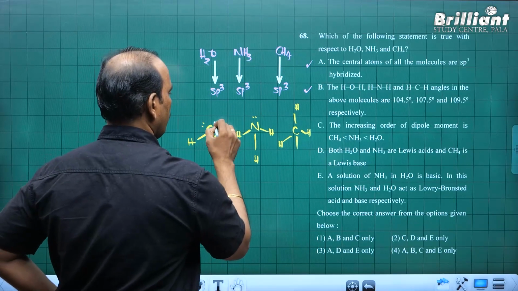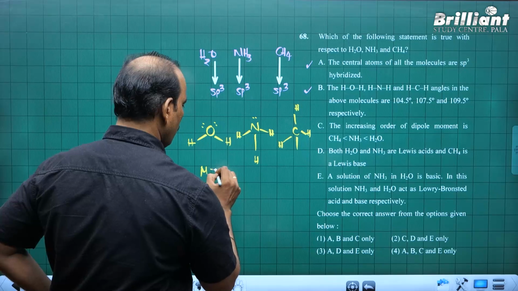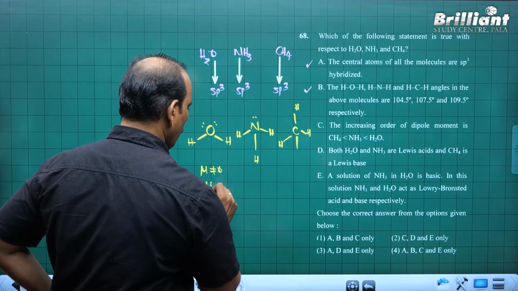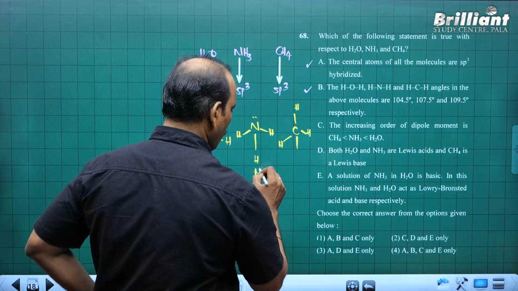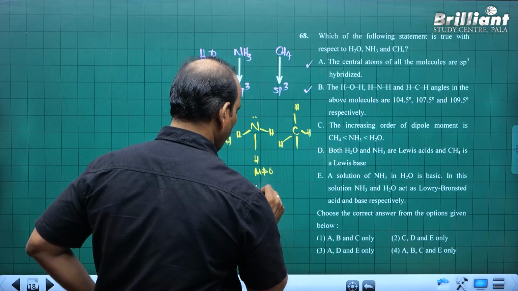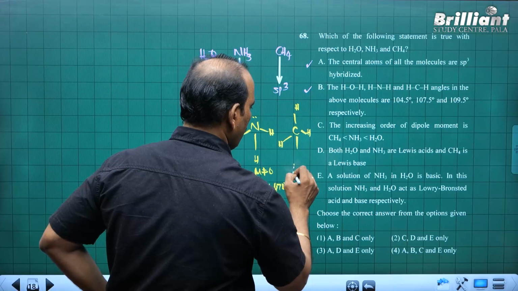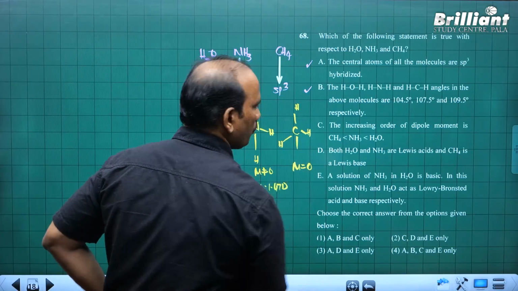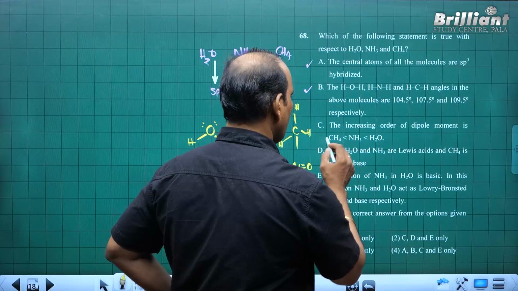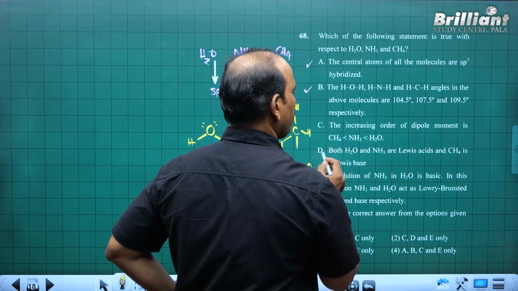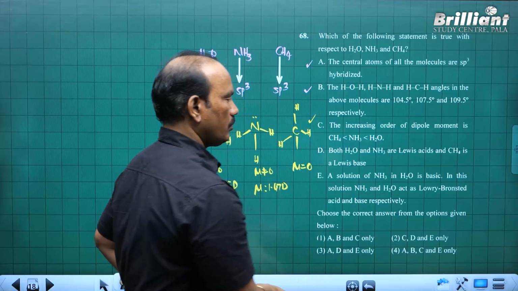Its mu value is not equal to 0, mu equal to 1.85, then mu not equal to 0, mu equal to 1.47, and here mu equal to 0. So this is the increasing order of dipole moment, starting from 0. This is also correct. Okay?